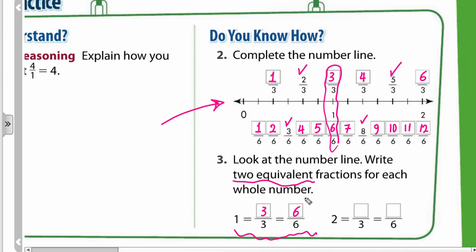Yes, I'm here. Yes, Hussein. The whole 2 using the number line. You see it? The number line? Okay, go ahead. How many thirds? 6/3. And how many sectors?